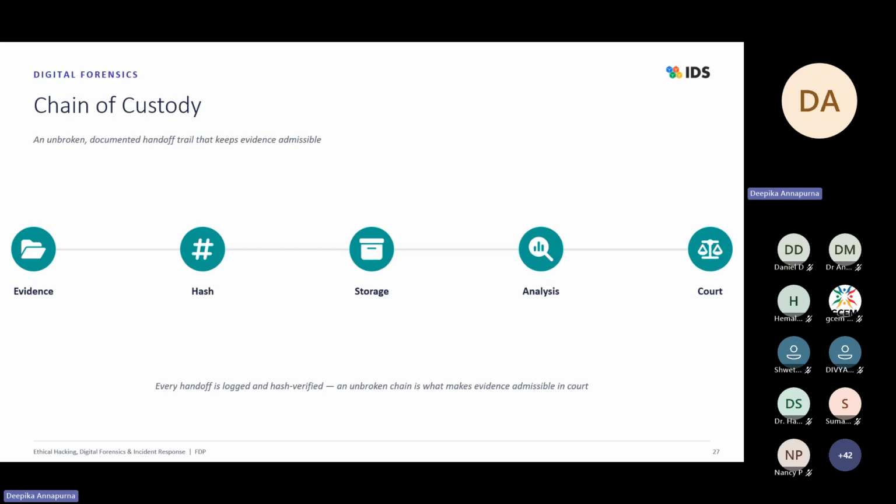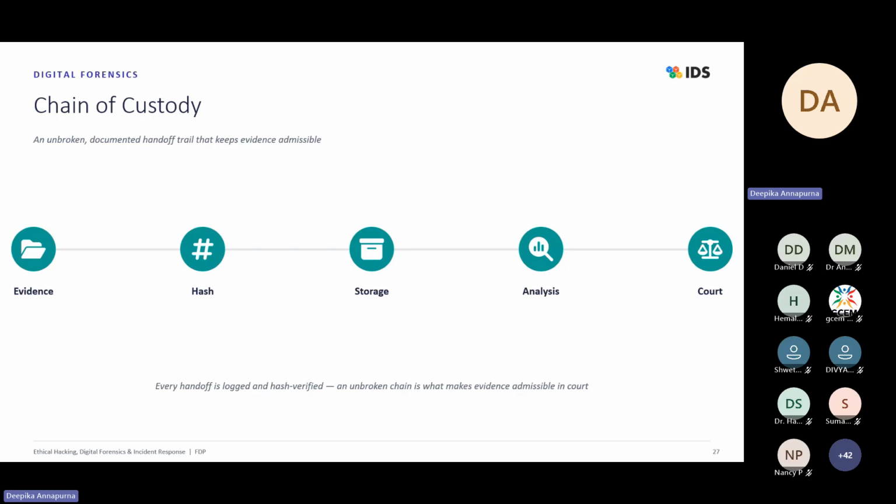The evidence which is collected has to be hashed, right? Has to be hashed and then stored and then analyzed and finally presented to the court. As in a physical crime scene, the same way in digital forensics the same process will happen, but here it is the digital evidence.